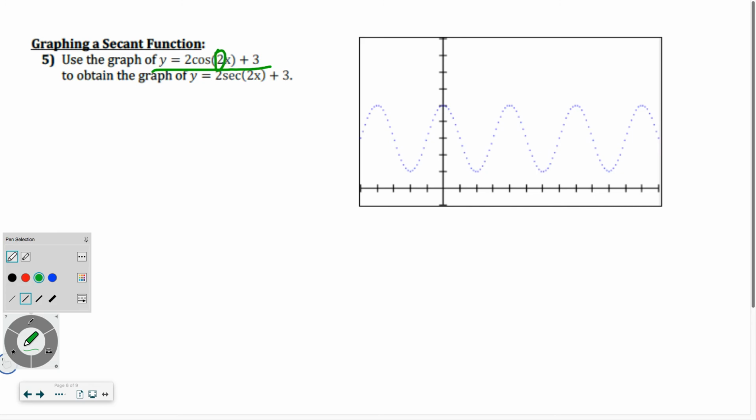So what we can do is look at this and say, we're shifting up 3, so everyone agree that my new midline is at y equals 3? Again, you don't have to draw that, but it's nice as a visual aid. And we knew it had to be y equals 3 because of that 3 right there. So now I'm going to draw my asymptotes wherever I cross that midline.